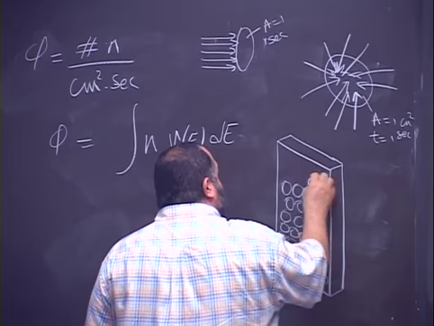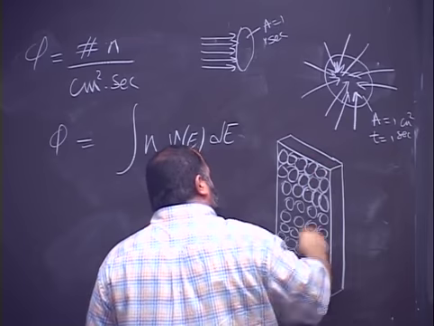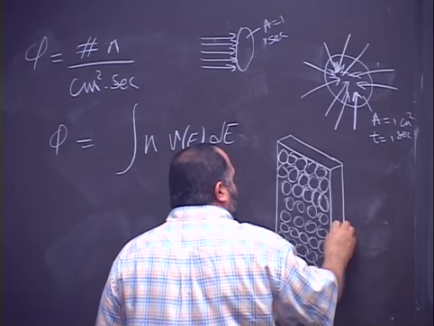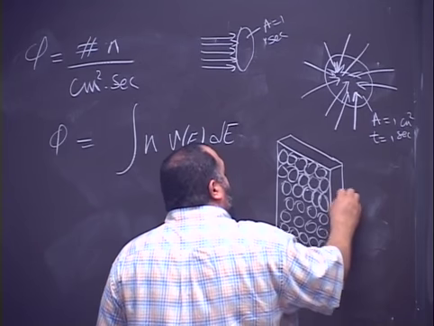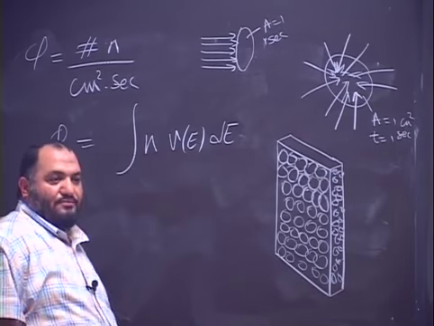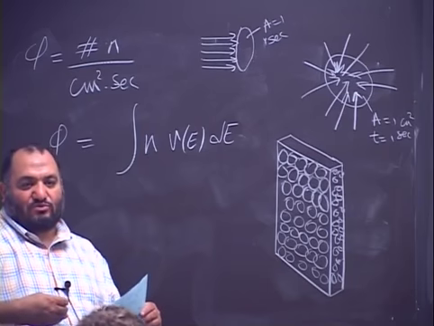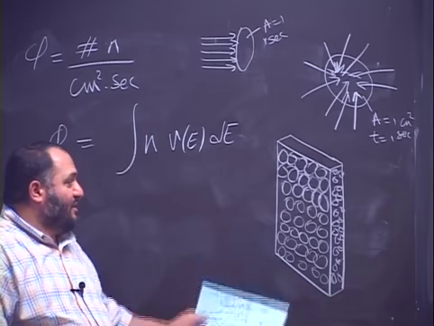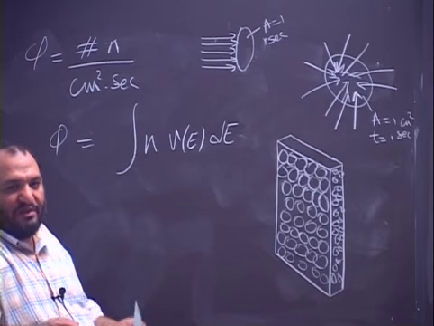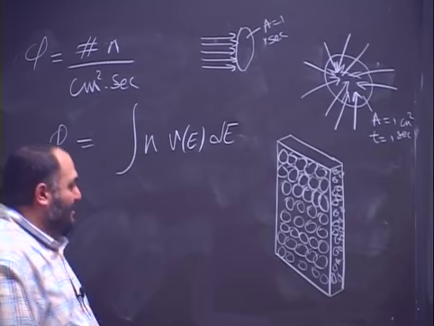Because if it is thick, the outermost layers of nuclei will shield the innermost nuclei, and then the innermost will not see the same number of neutrons as the outermost. So we want to make our target thin enough. And of course you do not want to make it very thin, like one monolayer, because then the probability of interaction will be very, very small.